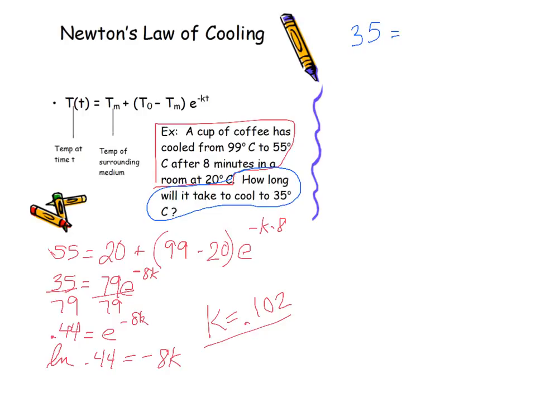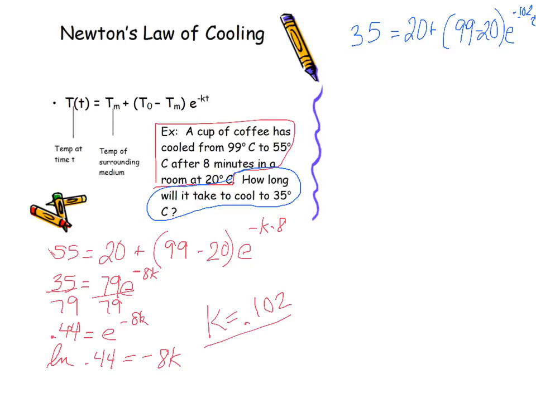The surrounding medium is still 20, plus the original was still 99, e to the negative 0.102. That's the K value. What I don't know this time is the T. It's to the T, sorry, you can hardly see that, 0.102 T.